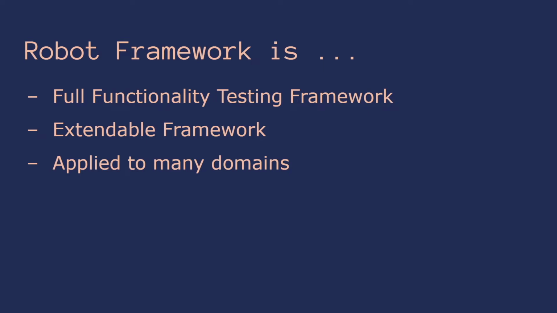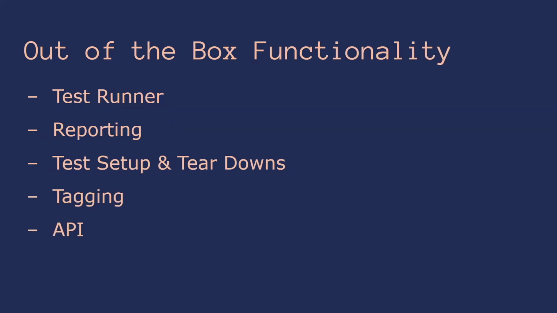Maybe I've got an embedded system. We have people that use Robot Framework for embedded systems. So if you want to test your ice cream machine, I will be the one to come and help you test your ice cream machine with Robot Framework, right? It can be applied to many different domains. And let's look at that, right? So out of the box, we've got several pieces of functionality.